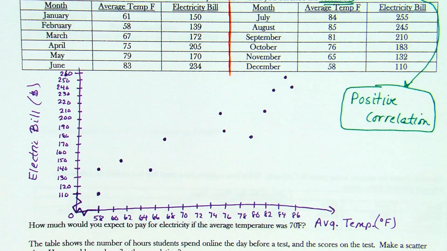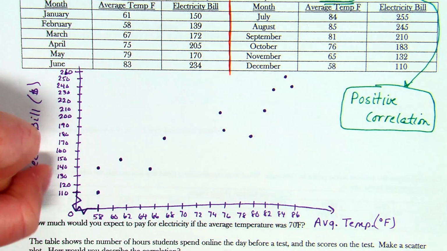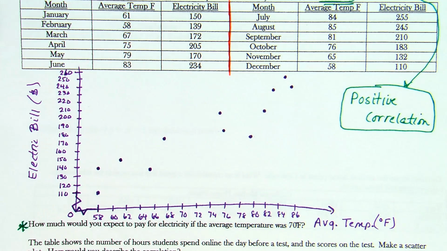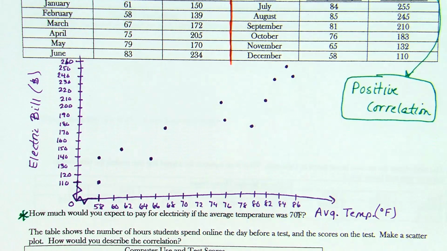Okay, before we move on, there's a question right down below your graph. How much would you expect to pay for electricity if the average temperature was 70 degrees Fahrenheit? 180. Okay, you guys are throwing numbers out at me.